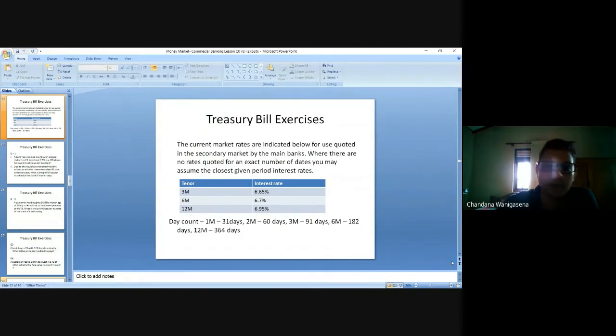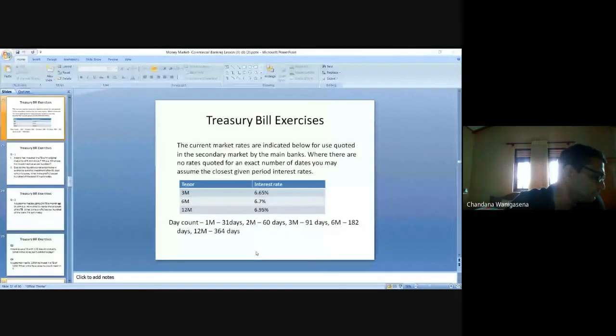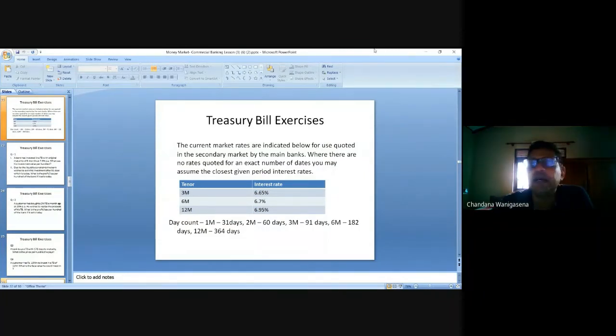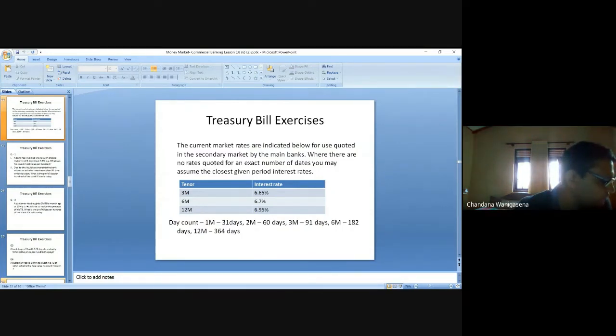How I calculate my answer, I think the second step is 1 divided by 1 plus 0.0108. 100 divided by 1.0108.